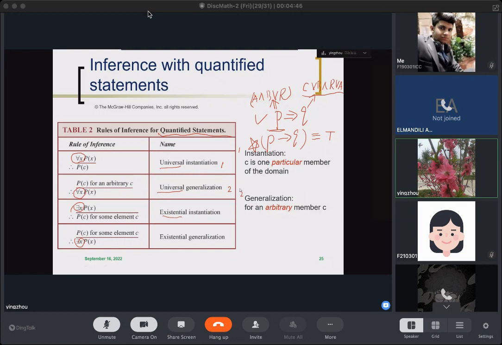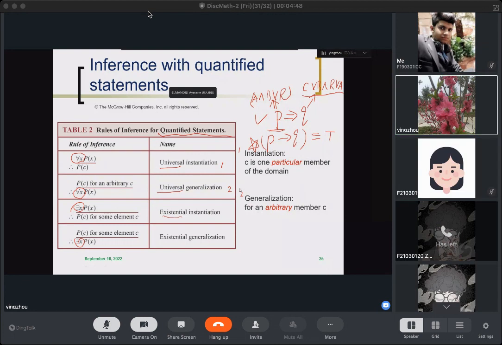Instantiation means that it is a special case. Over the bar is the condition, and under the bar is the result.